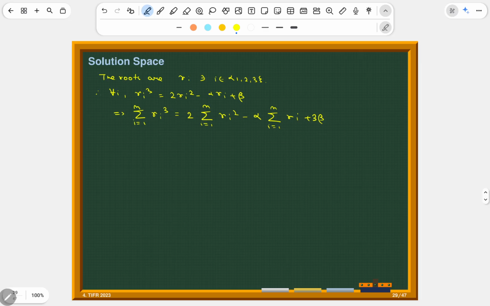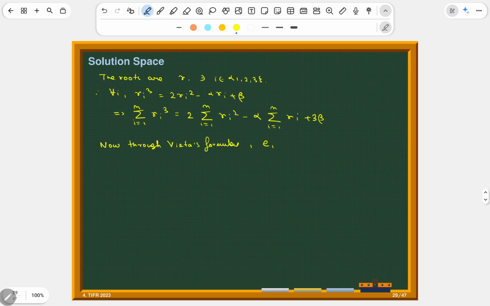Now through Vieta's formula, you might not know the name of the formula, but I hope you surely know what the formula tells. It tells that the sum of the roots gives you the coefficient a1 up to a multiplicity of minus 1, right? So now through Vieta's formula, what do we have?